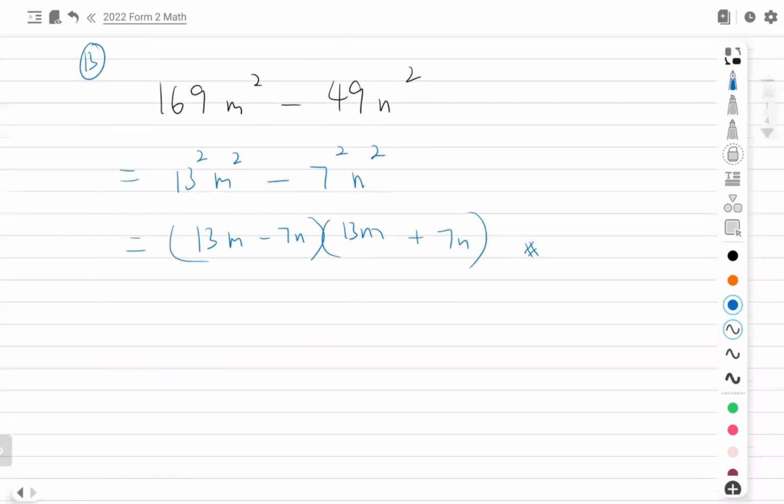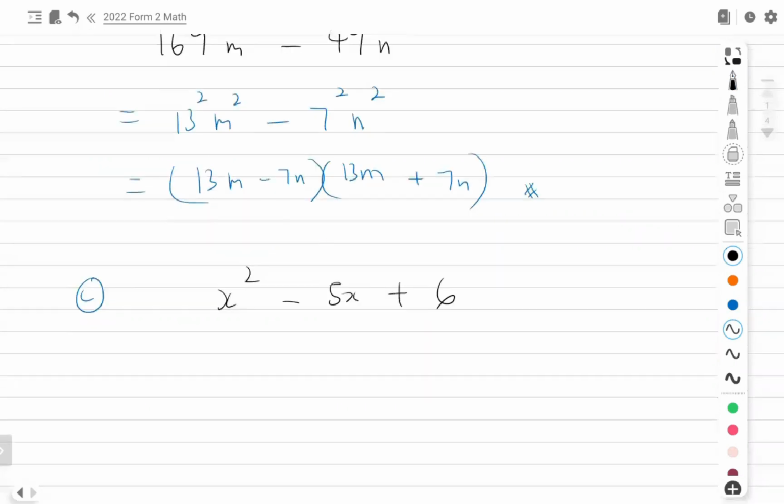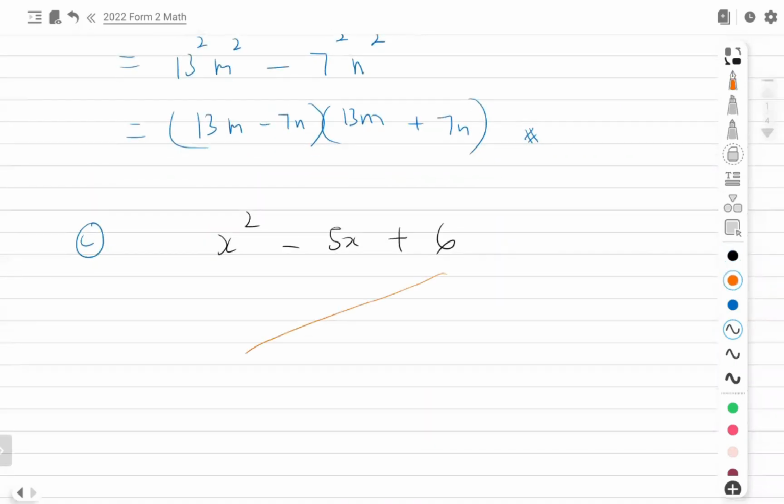And for type C, very obvious one. You have 3 terms: x squared minus 5x plus 6. Got x squared, then got x, then the number. The 3 terms like this, no common factor. We do the cross multiplication method. x squared, plus 6, minus 5x. First, third, and second term. List down the factors, x times x. This one 6 and 1.